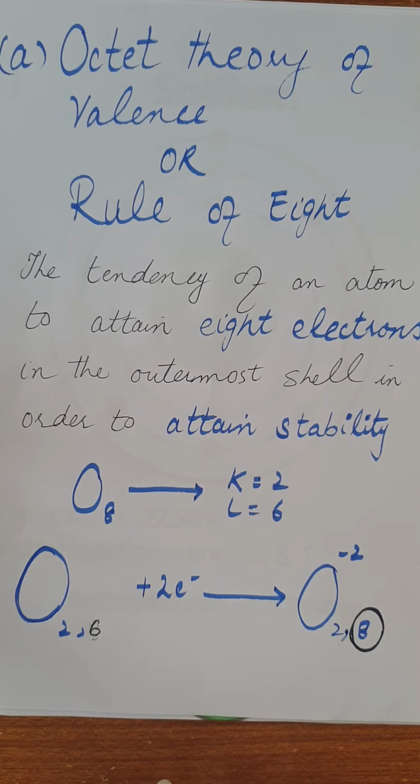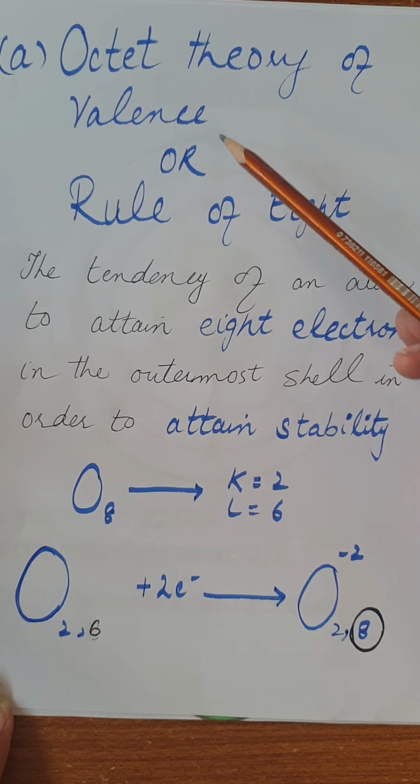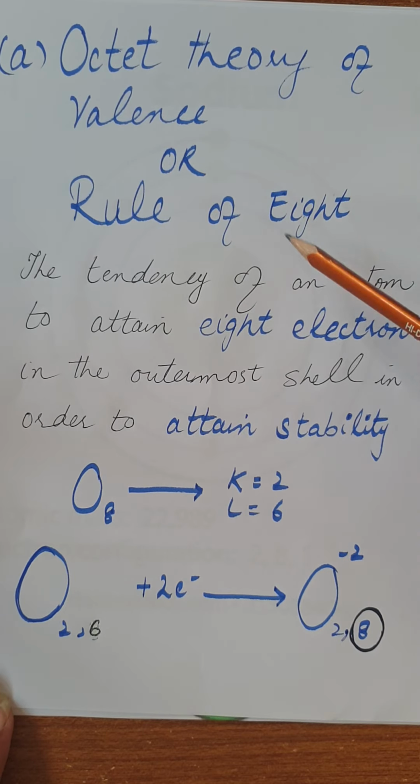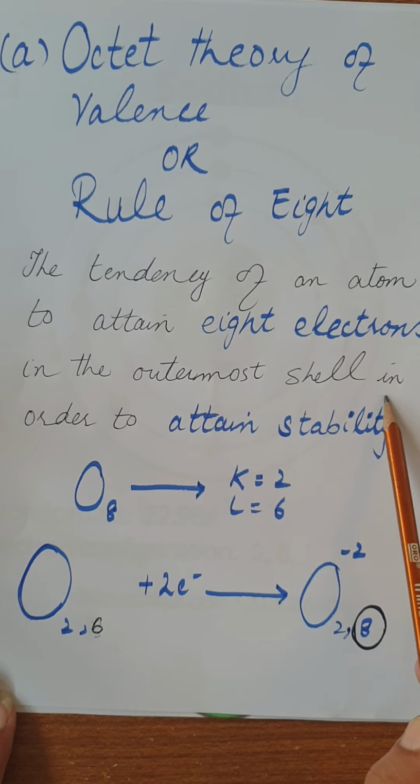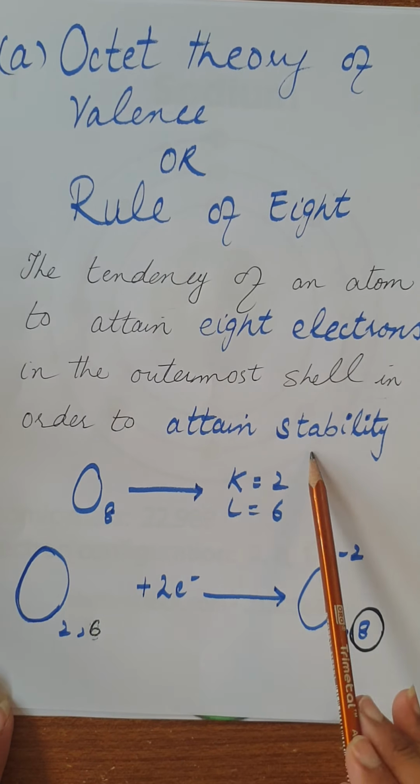Now the valence concept is divided into 2 rules. The first rule is known as the Octet Rule, or Octet Theory of Valence, or Rule of 8. What is this? It is the tendency of an atom to attain 8 electrons in the outermost shell in order to attain stability.